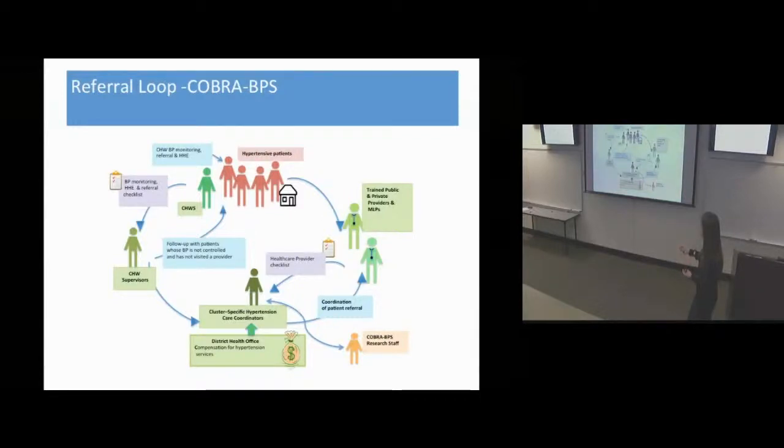The ones who don't match, meaning those patients have not come, will be followed up by the supervisor. So we've created a mechanism for tracking and follow-up, and then our staff will collect these checklists for quality assurance.